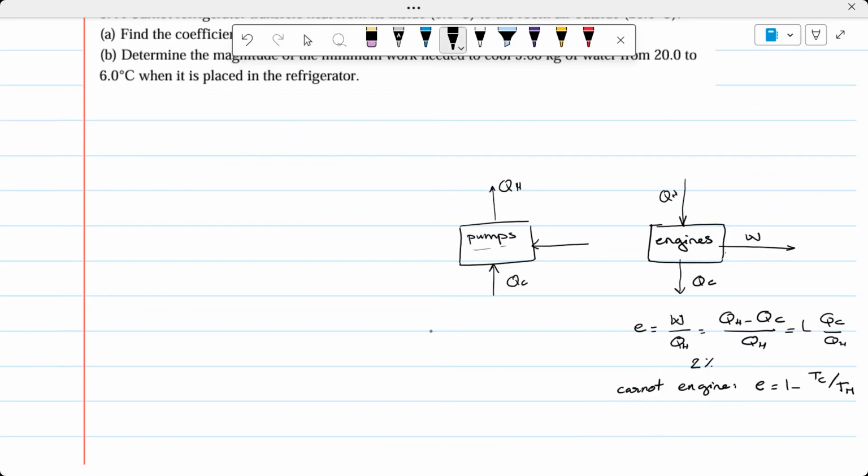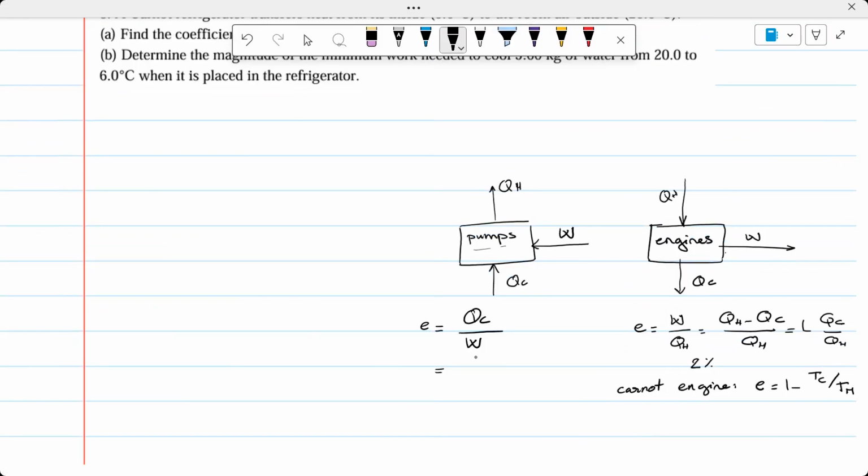For the pump, the efficiency would be dependent on our output, which in this case is QC, and the input is the work that we are giving to the pump. The work is basically based on some electric energy that we are getting for our refrigerator, for instance.